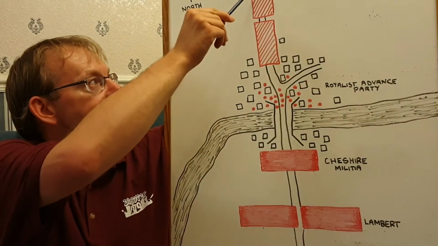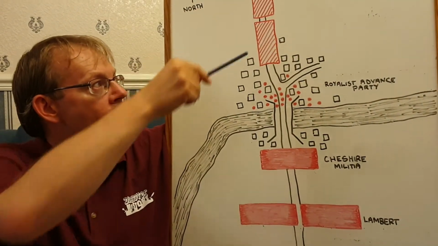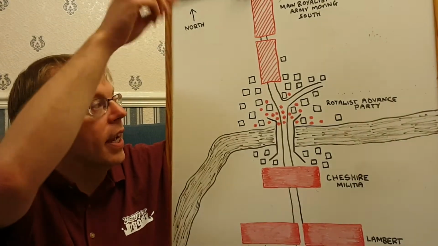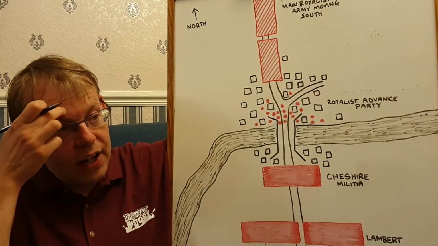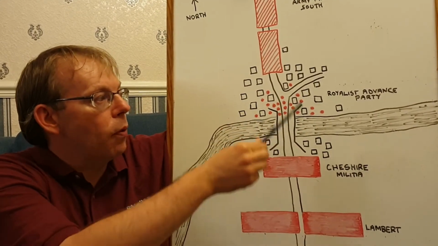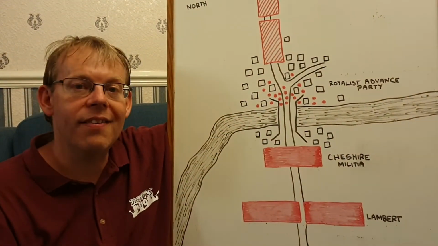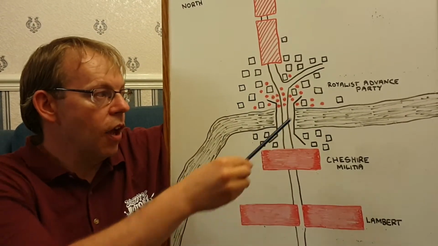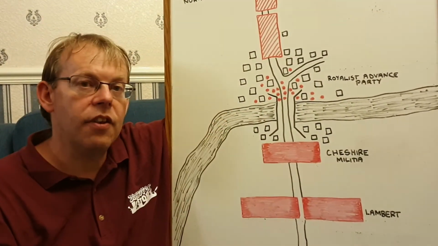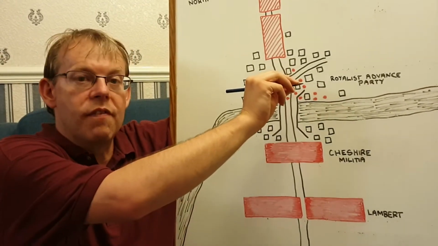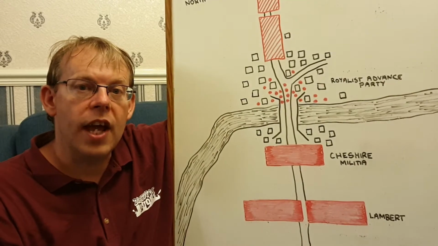So we have here these two big blocks, which are the main Royalist army, the main Scottish invading army. They're moving south, and what happened is the Royalists sent a small body, an advance party, to enter the town. Now we know at around about midday those Royalist soldiers had started entering the town, and they were skirmishing north of the River Mersey with the Cheshire militia.